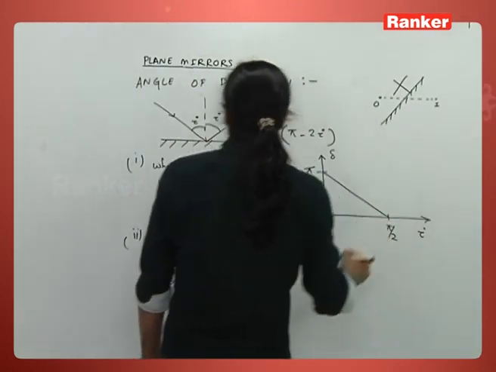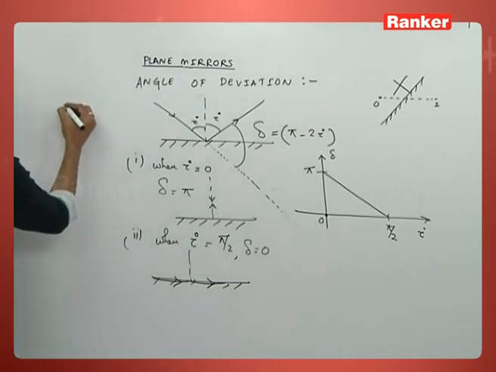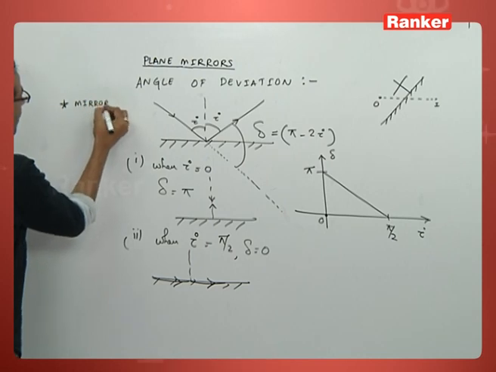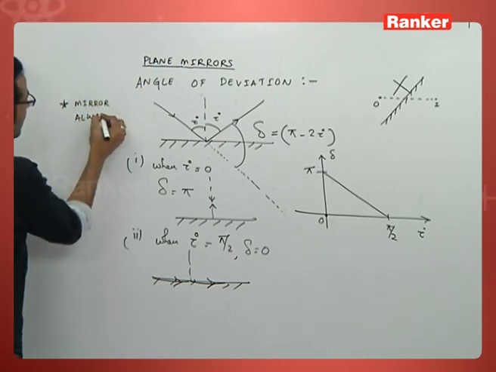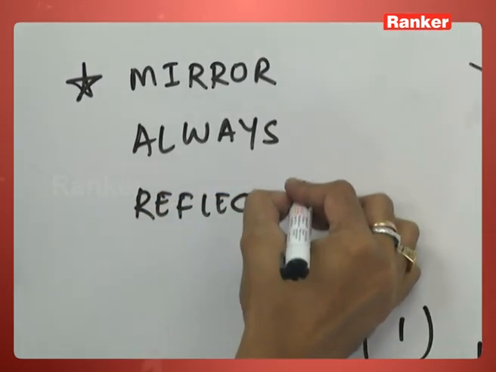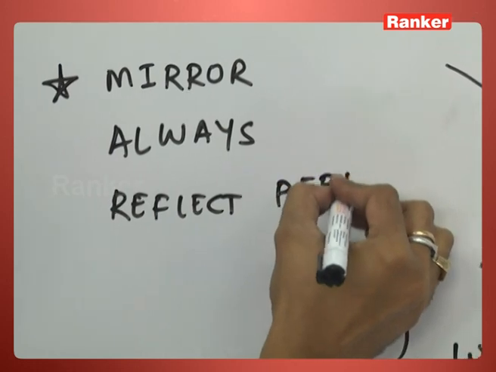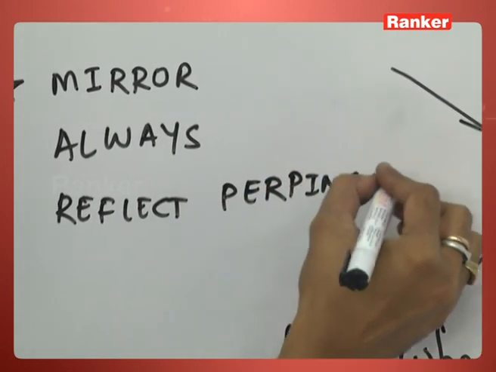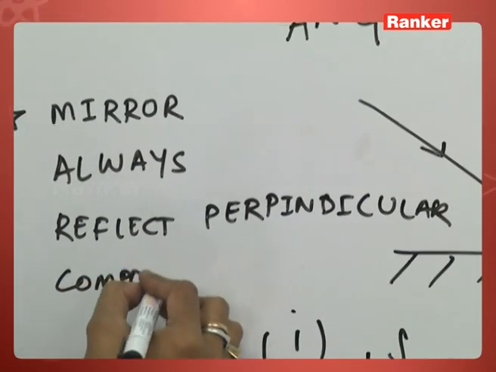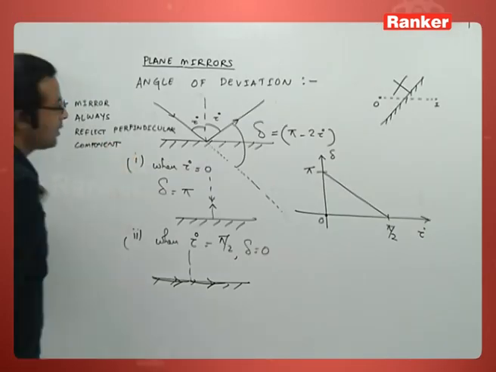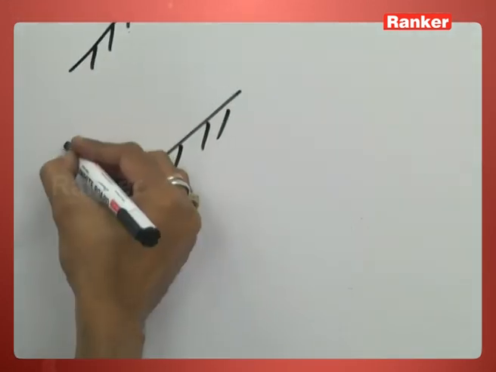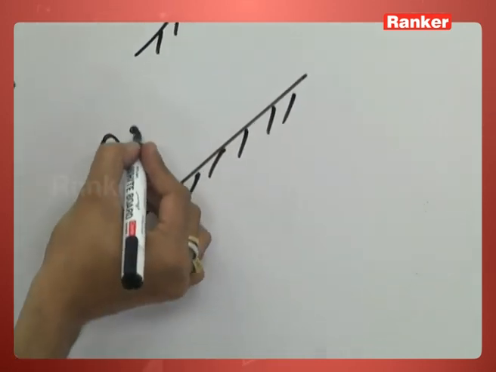Always remember, I will write one point over here: mirror always reflects the perpendicular component. That means, since this is the mirror and the object is placed like this, take exactly perpendicular.